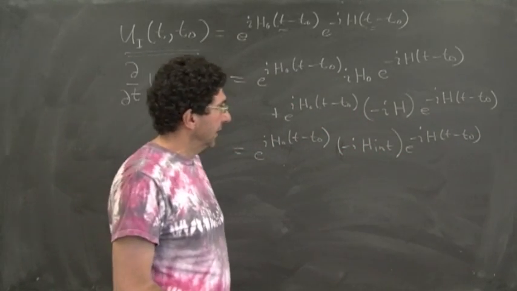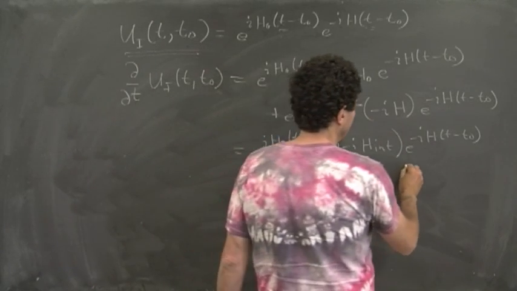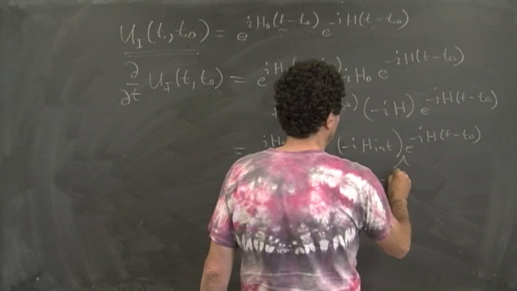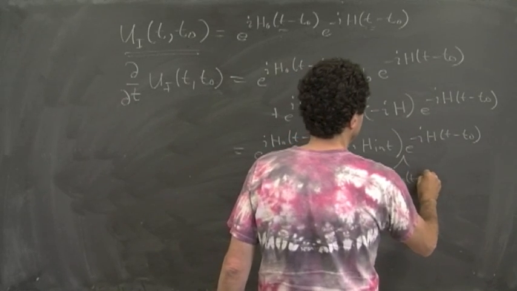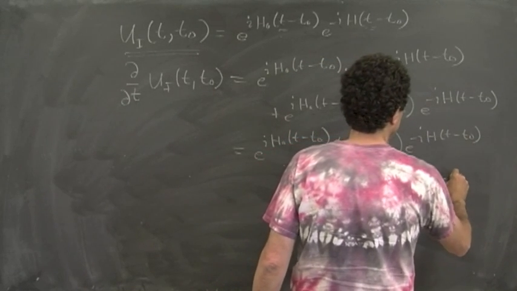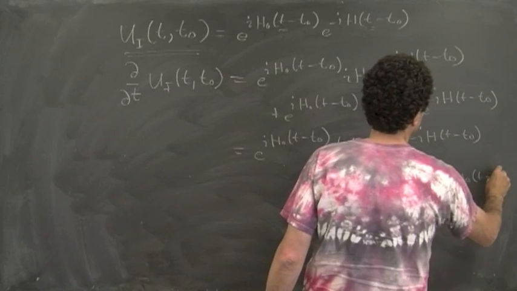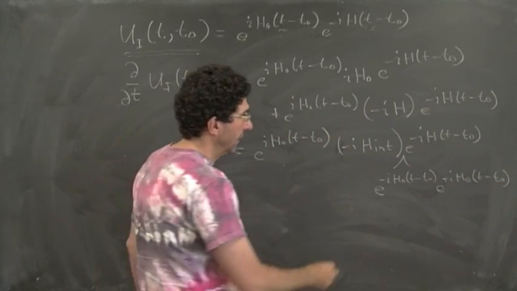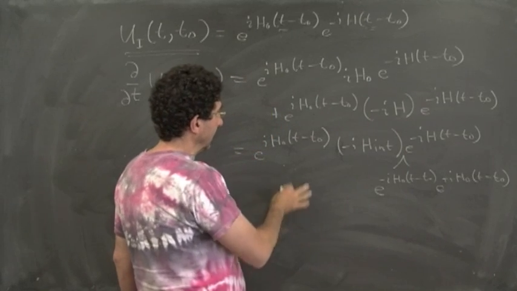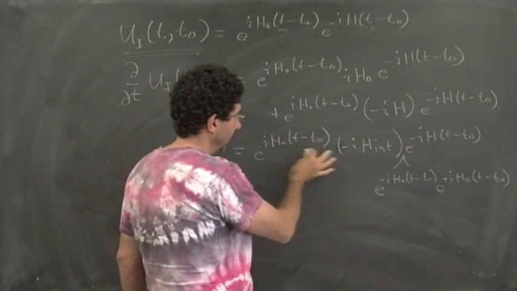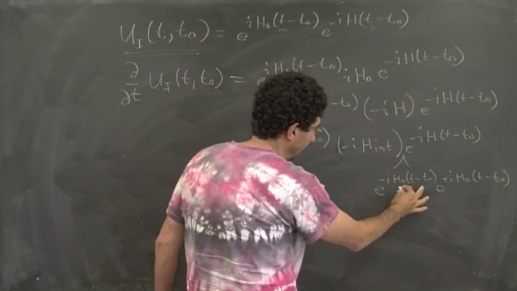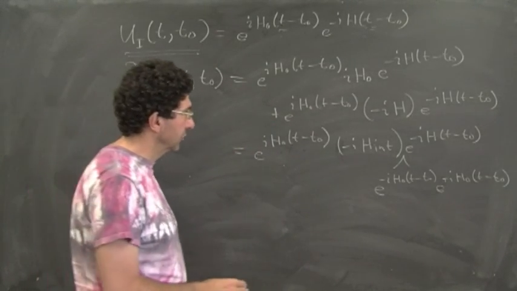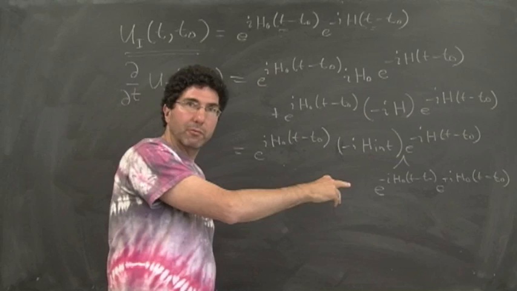Now what I'm going to do is insert here a factor of e^{-iH_0(t-t_0)} e^{+iH_0(t-t_0)}. Can't stop me from doing that. And then I recognize that this first thing, this times this times this, is precisely the interaction picture version of this operator right here.